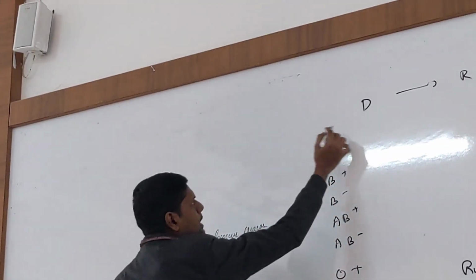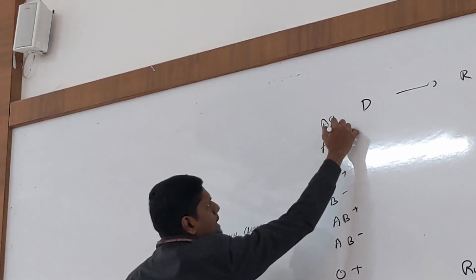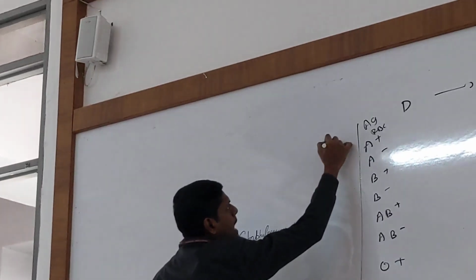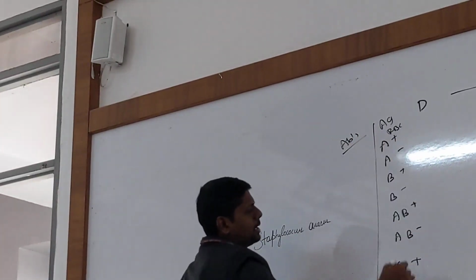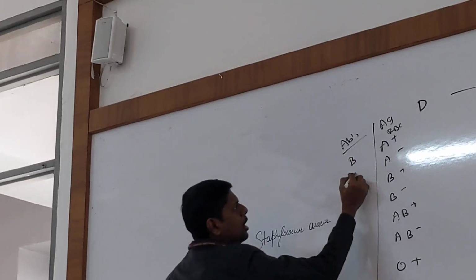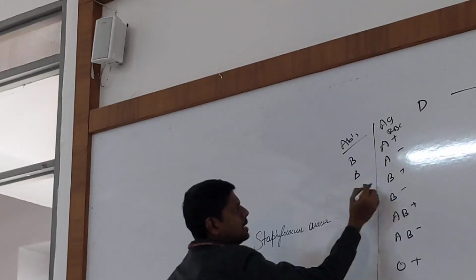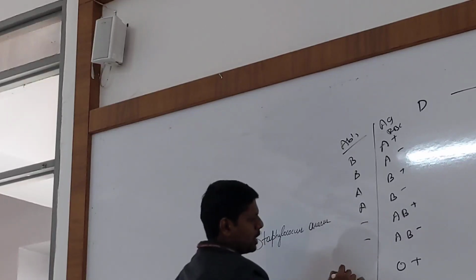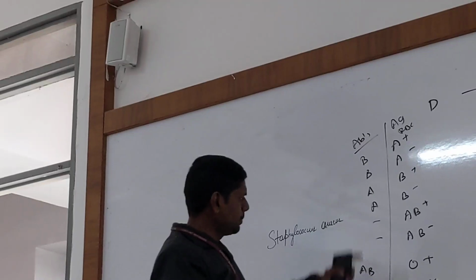Then, parallelly, this is the antigen on RBC. Parallelly, I am writing the antibodies in plasma for the same persons. Here we have B antibodies. Here we still have B antibodies. Here A antibodies, nothing, and both for AB. Am I correct?